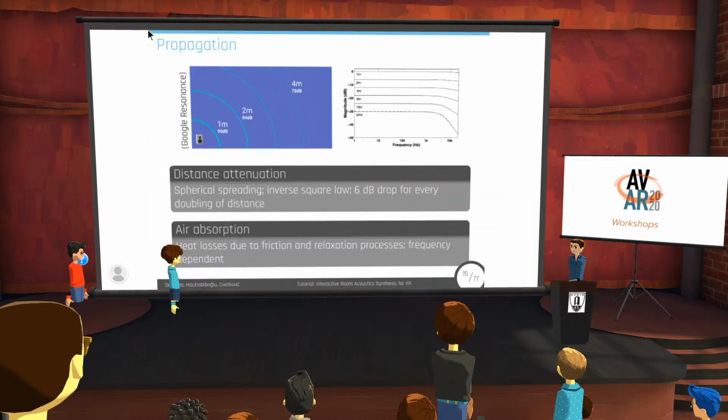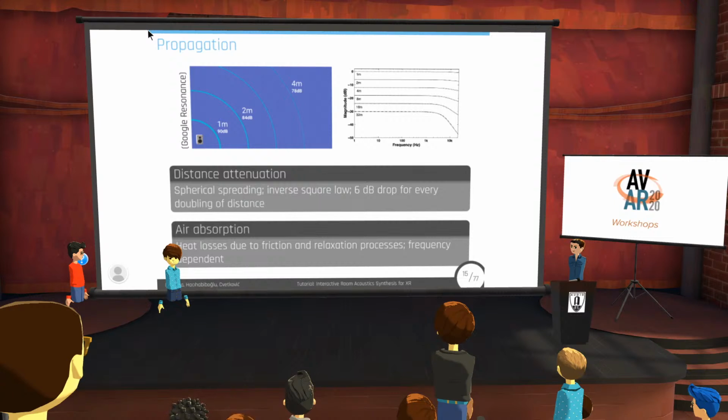Okay, so let's have a look at a very high-level overview of the main phenomena that govern the acoustic impulse response and that are embedded in the wave equation. One has to do with propagation of sound waves in space. The 2 phenomena here are distance attenuation.